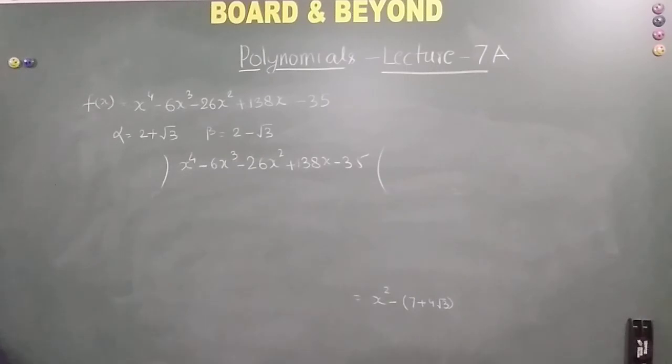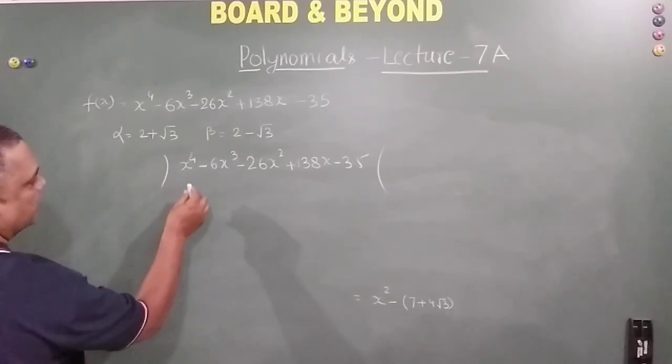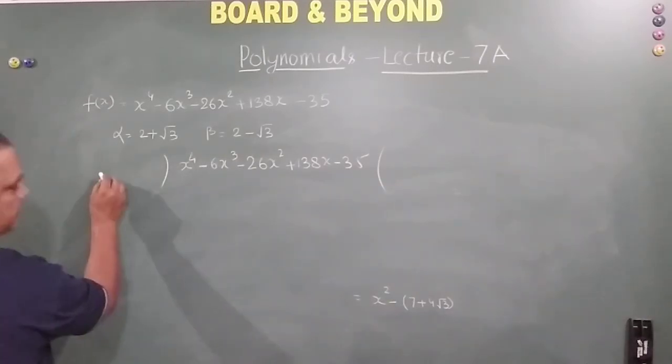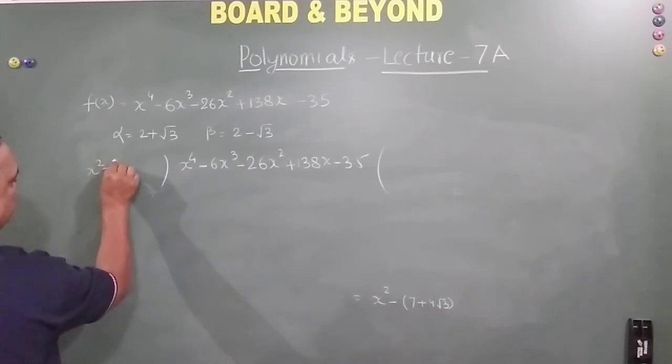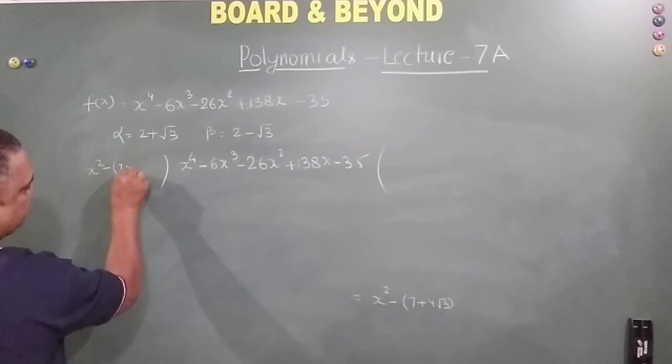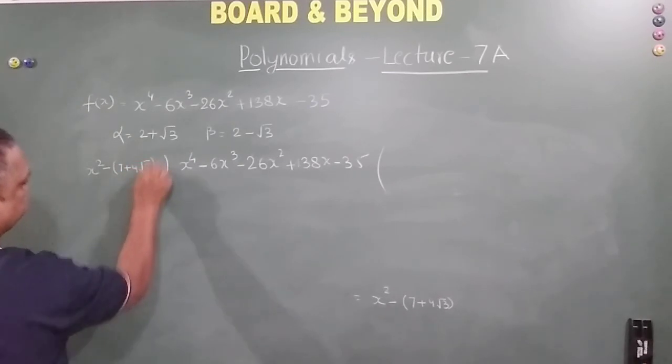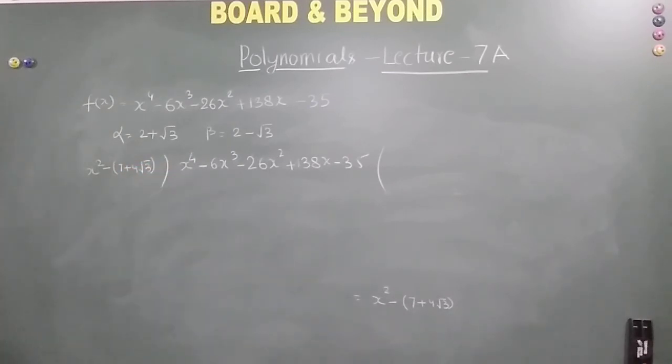Okay, no, it's okay. So x square minus 7 plus 4 root 3. Okay.